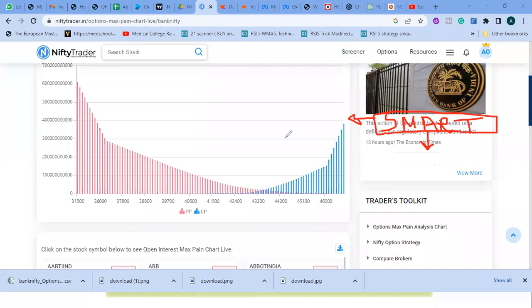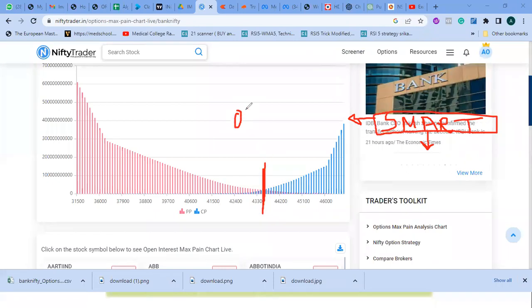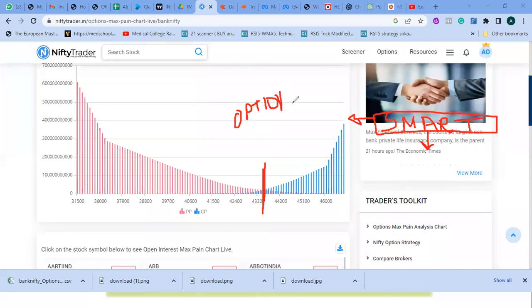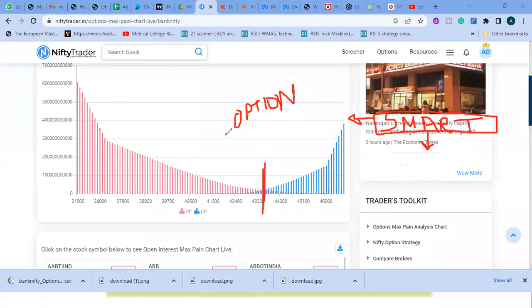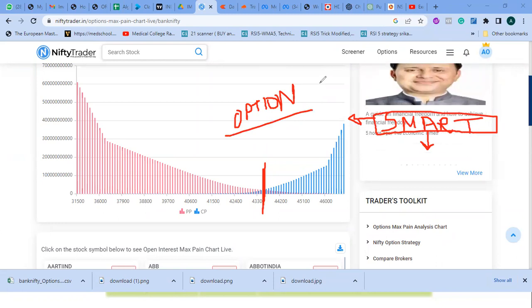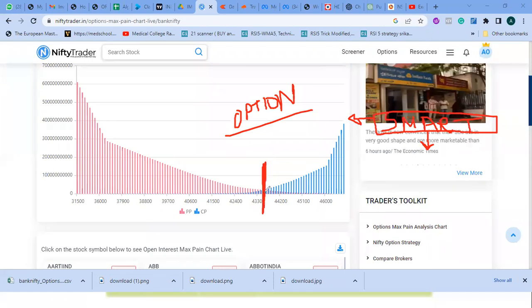This is supposedly the place where option sellers, the people who have sold options, if we consider that a single person has sold all these options, then the max profit this option seller will get will be if Bank Nifty expires at this level.